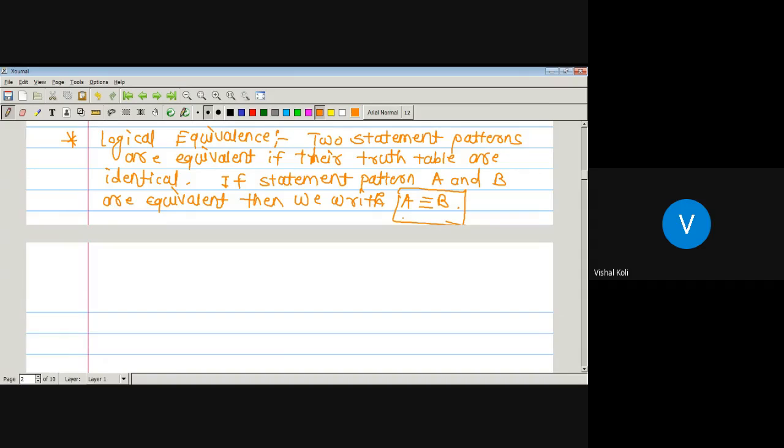Okay, now the next definition is a tautology.